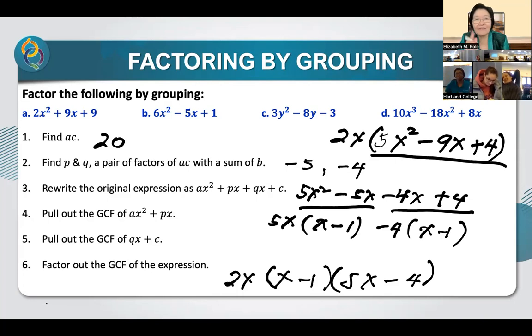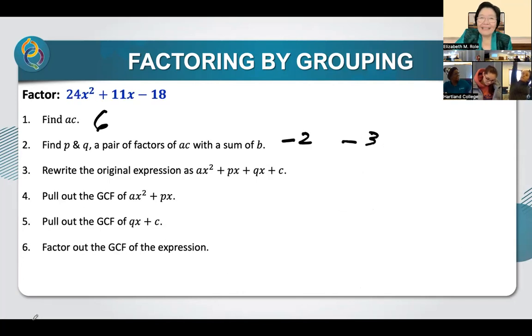So here there are 3 factors: the common factor and then the factors of the trinomial. Yes, I had already put 2x outside the bracket. Okay. All right, good.